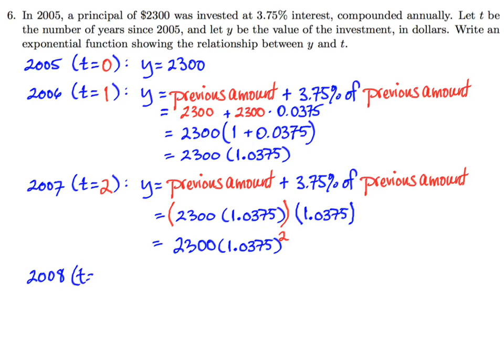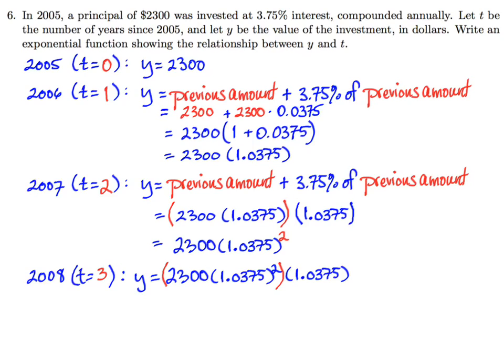So in 2008, when t equals 3, y is going to be the previous amount, which is 2,300 times 1.0375 squared, times another 1.0375.